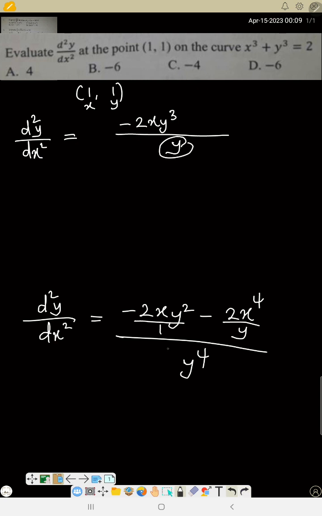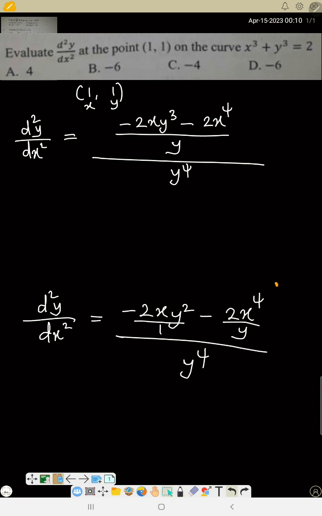Remember, y times y is 1, then y times all this, normal LCM, 2sy³, y times y is 1, then minus 2s to the power 4, then everything divided by y to the power 4.